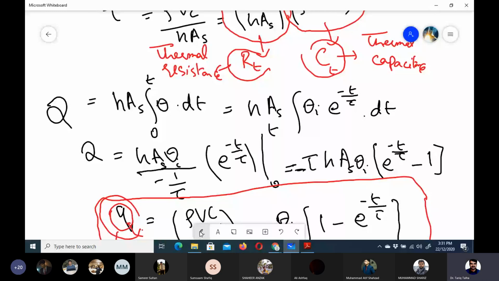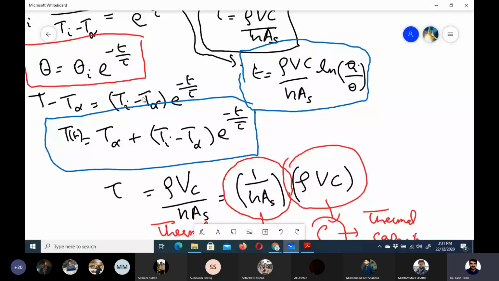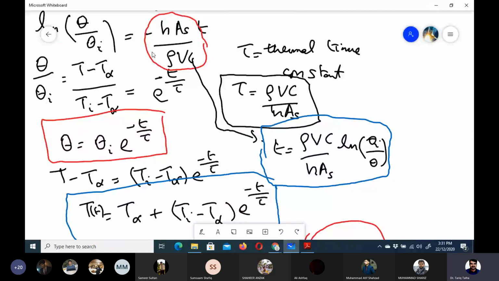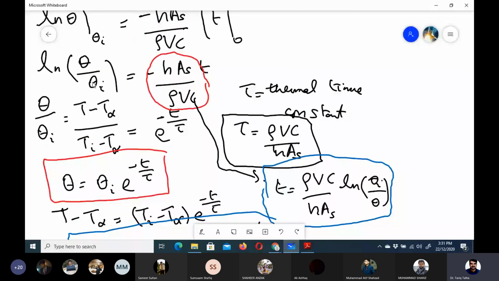In the equation where we have written log of theta upon theta i is equal to minus HAS upon rho VC into time, if you can remember, that is HAS into time upon rho VC. Okay, let's just postpone this discussion.